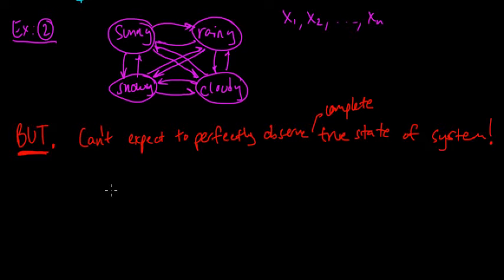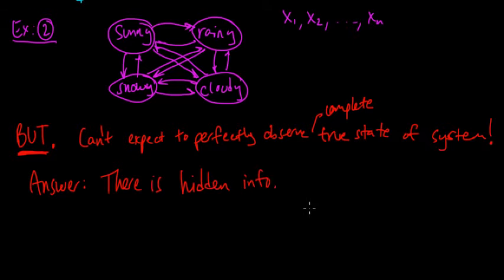So what's the solution? Well, one way to address this is to acknowledge the fact that there's some hidden information that we're not seeing. You could break up the state of the system into the observed part of the state and the hidden part of the state.